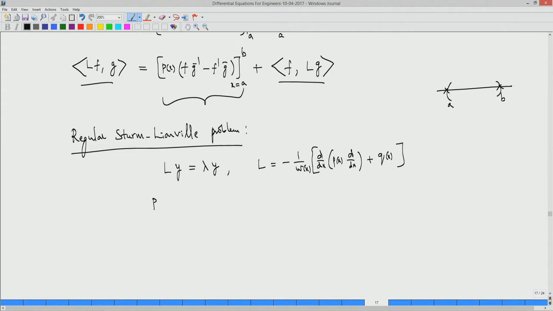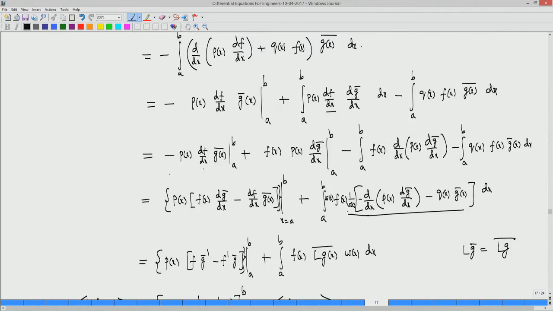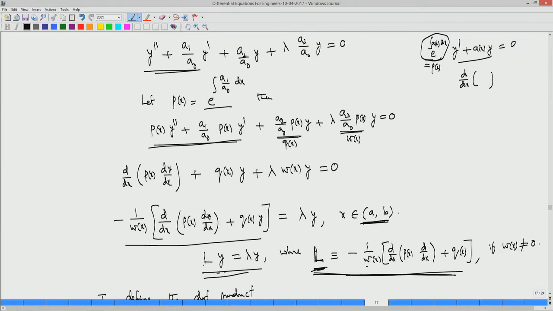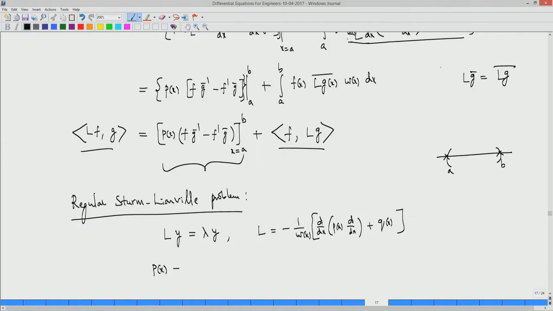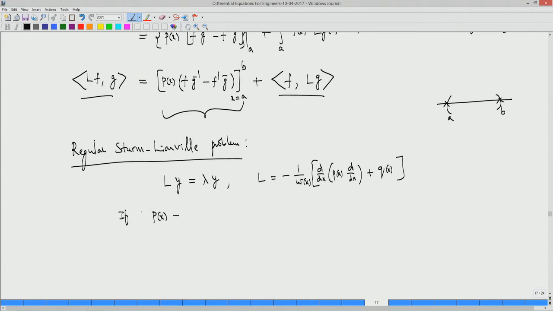P is never 0, by the way. What is P? P is equal to the exponential of the integral of A1 by A0, so this will never be 0. You can see that wherever x is in the open interval (A, B), P of x will never be 0. If P of x is non-zero for every x in the open interval, and I include the points A and B, then it is regular.